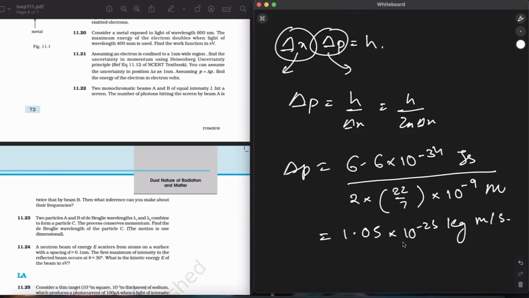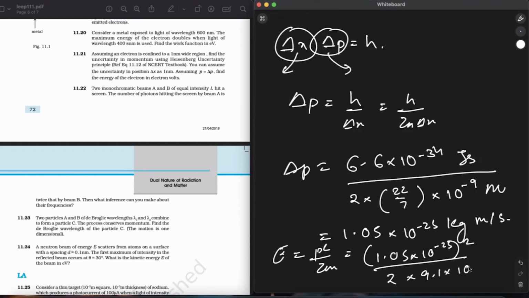Now, if I want to write the energy, it will be p square upon 2m. So 1.05 into 10 raised to the power of minus 25, the whole square, all divided by 2 times 9.1 into 10 raised to the power of minus 31 kg. Now, if I solve this, you'll get the answer for energy as well.